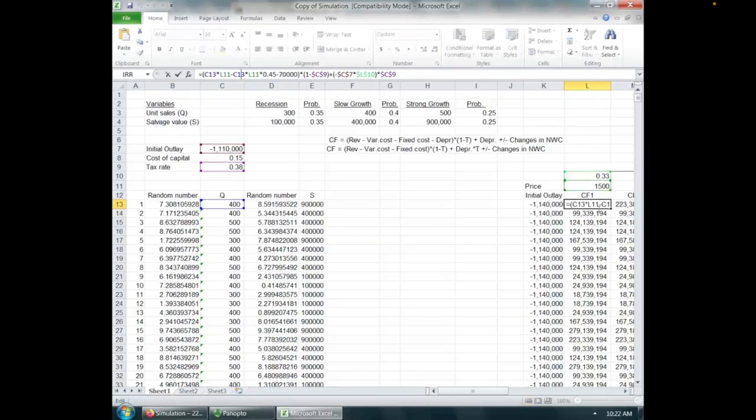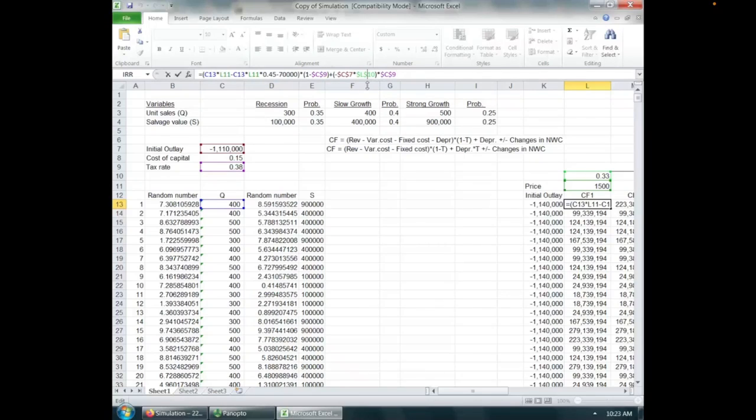Okay, so now again, let me go back to the expression of the cash flow. So we have revenues here, we subtract variable cost, we subtract fixed cost, as we have here, right? Then we multiply by 1 minus tax rate, as we have here, and then we have to add back depreciation tax shield, which is the tax rate multiplied by the amount of depreciation.